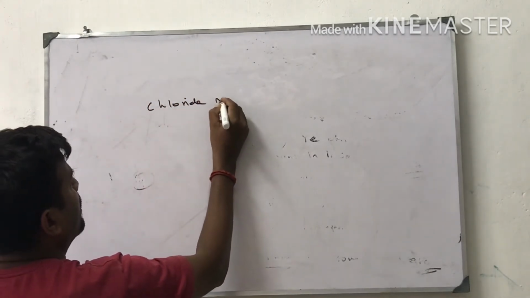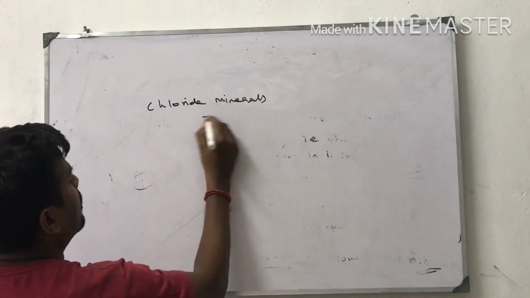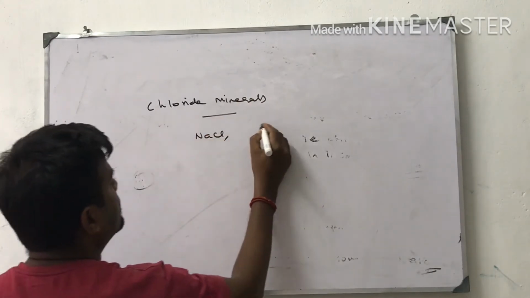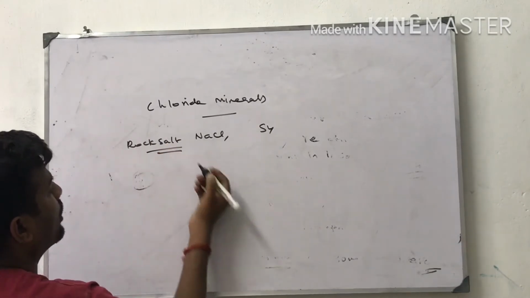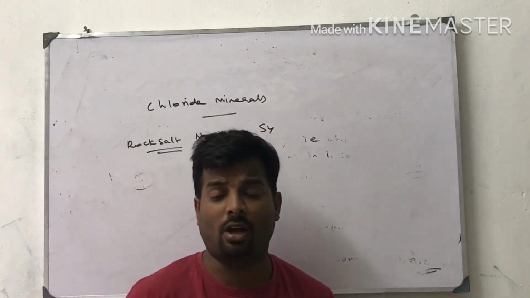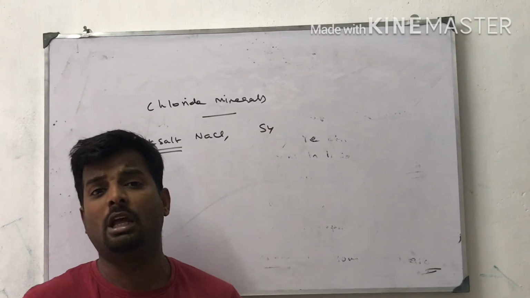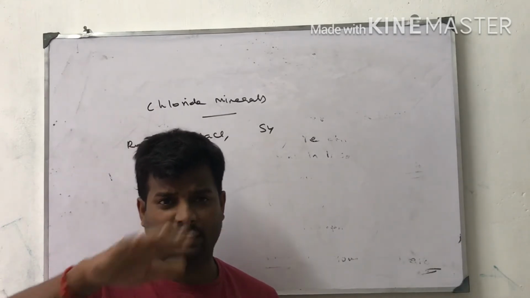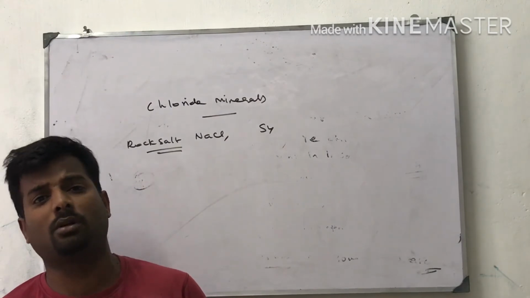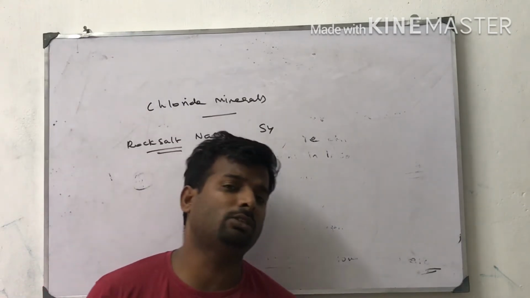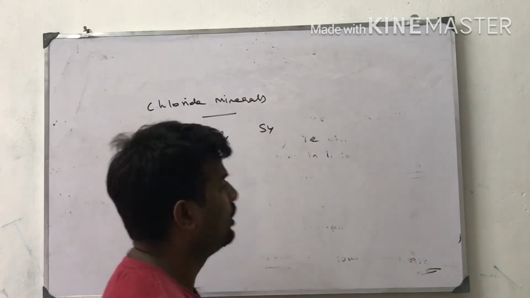Another name for sodium chloride is rock salt, because a solid deposit of sodium chloride is fixed inside the rock. So sodium chloride is called rock salt.